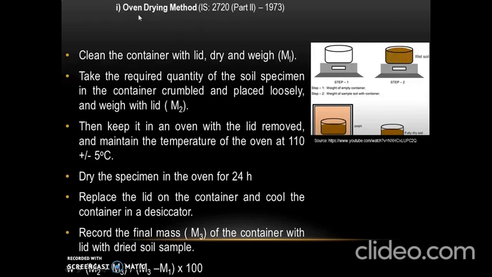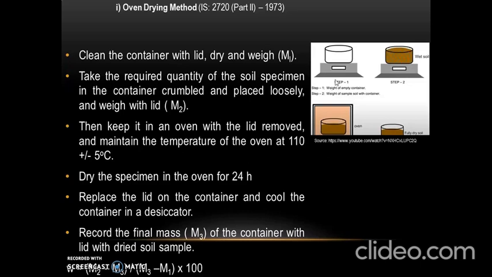First one is oven drying method, which is conducted as per IS code 2720 part 2 1973. To begin with, clean the container which would have lid and then measure its mass. So empty mass of the container will be M1.